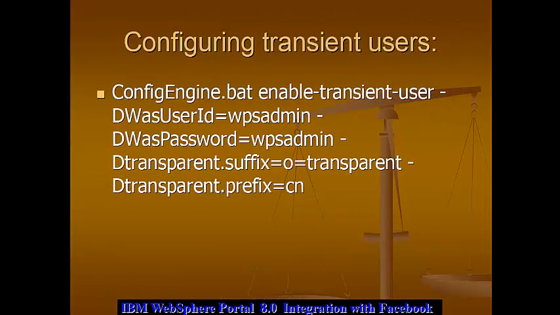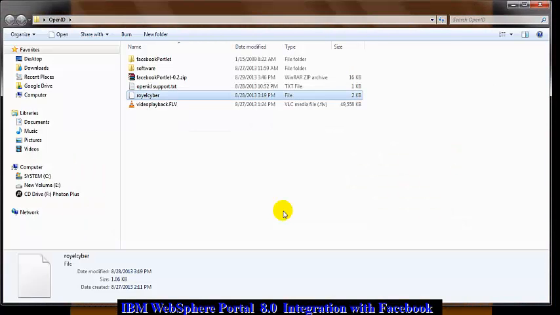After this, we have to run one more command, config enable transient user. Give the username and password of your application server. transparent.suffix, transparent.prefix equals cn.